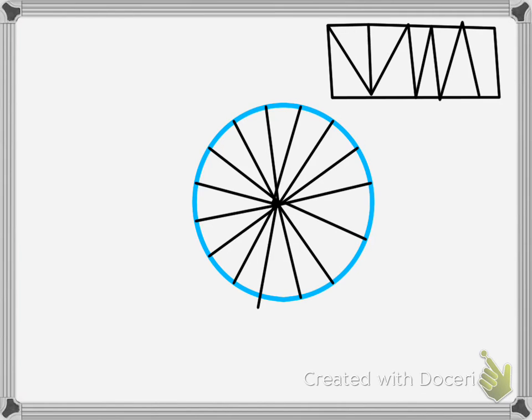There we go. This end is kind of messed up. This is kind of a rough drawing, but it shows that eventually those wedges could form a rectangle.